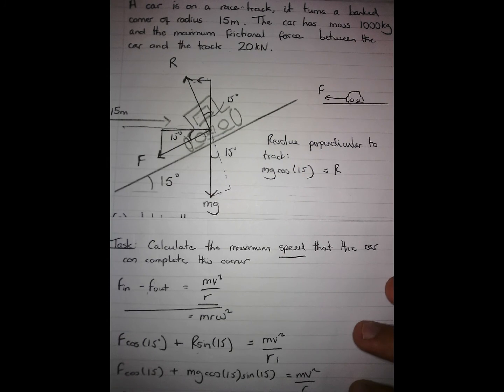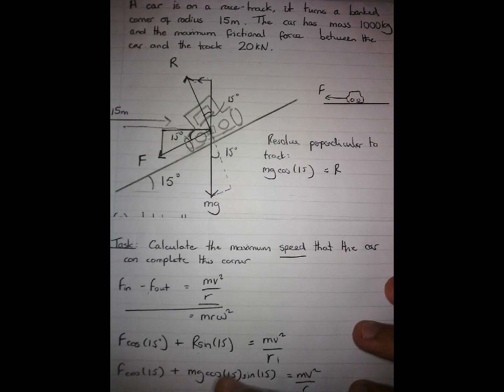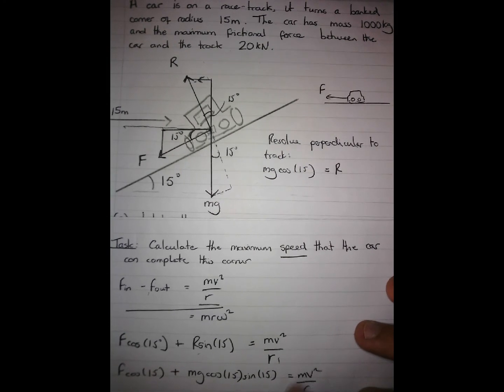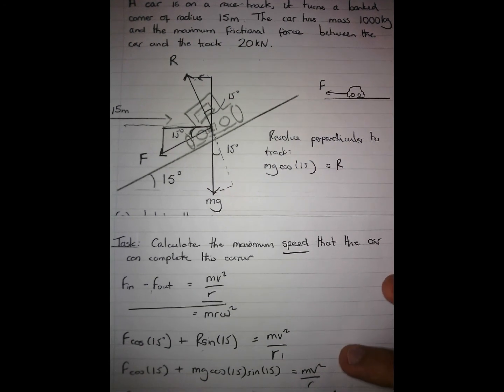So we have Fr cosine 15 plus mgr cos 15 sine 15 equals mv squared, and then we're going to divide that all through by m to get v squared, and then square root it.